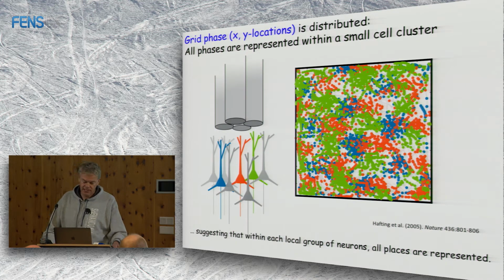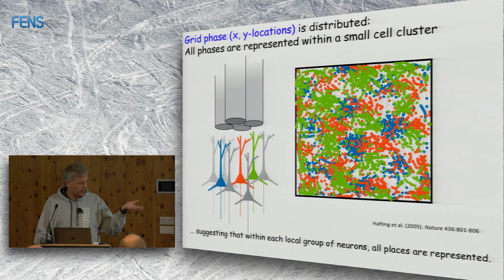So when it comes to the phase, you probably heard that phase is, to a large extent at least, non-topographic. That means that cells that are anatomically close, like for example the blue, green, and red cell, which are picked up by the electrodes or the tetrodes above, still may have almost random relationships with regard to their phase, so that you see the green grid cell, and you see a blue one, and you see a red one, and there is no, at least no macroscopic organization of the phase of these cells.